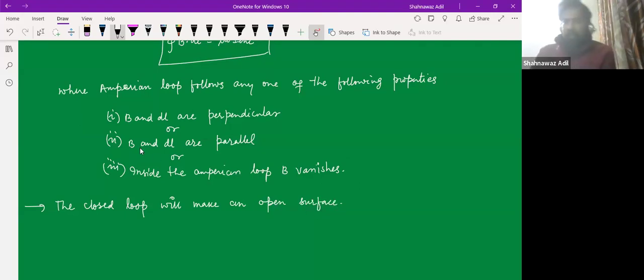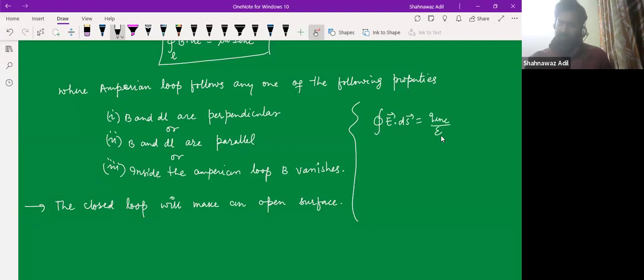Do you remember the Gauss law? Yes, sir. So in Gauss law, what was the Gauss law? Do you remember it? I think so, I remember it a bit. This is the Gauss law, right?